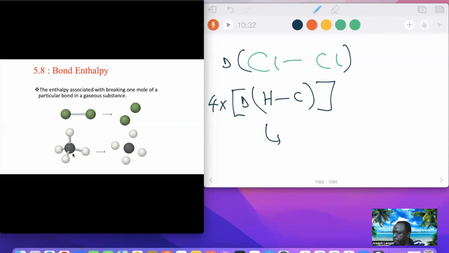You should be well-rounded in drawing the structural formula. This is the chemical formula, but this one is the structural. This will help you in looking at the bonds.